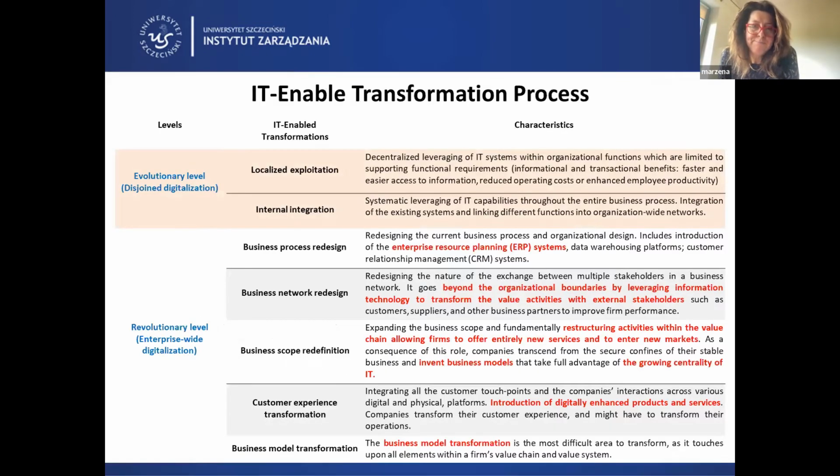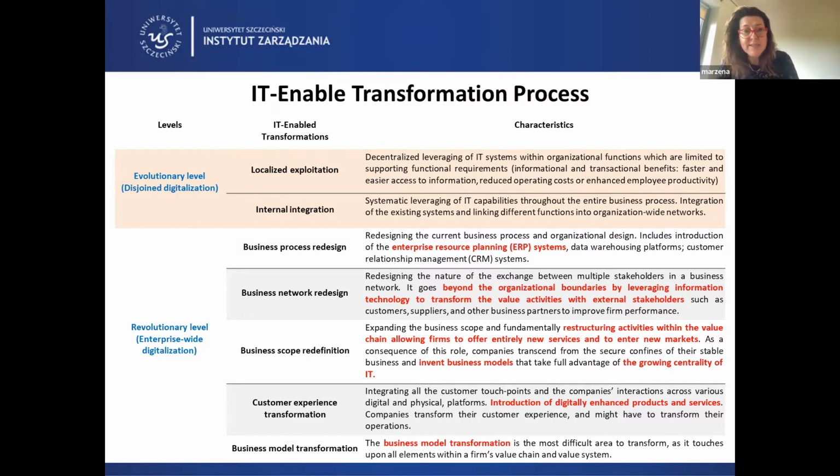You can find in the literature a lot of different approaches to this transformation process. Most of them are built in steps. We start with the very basic one, where the functions are isolated, not connected, and then we go to more and more integrated systems with internal integration.